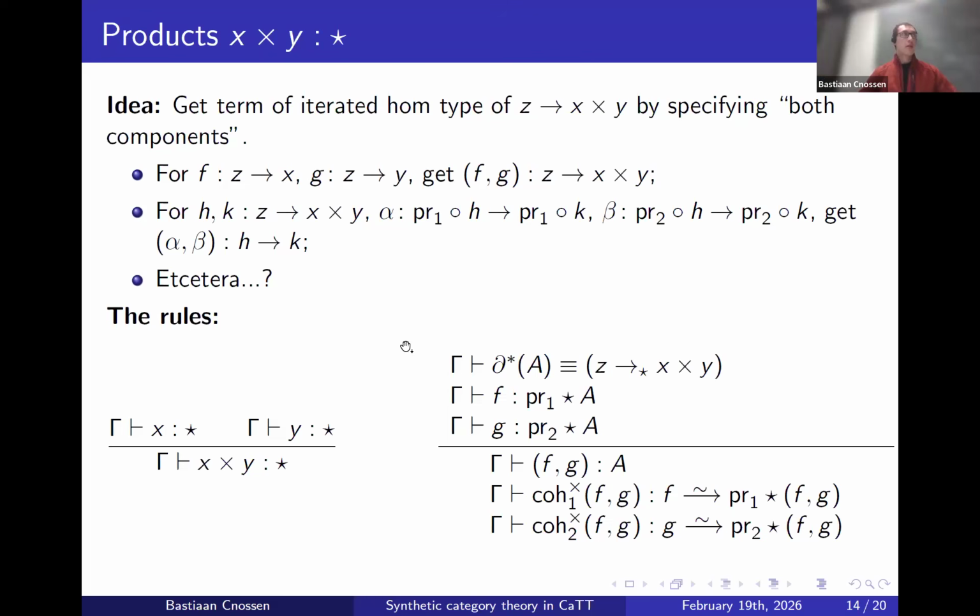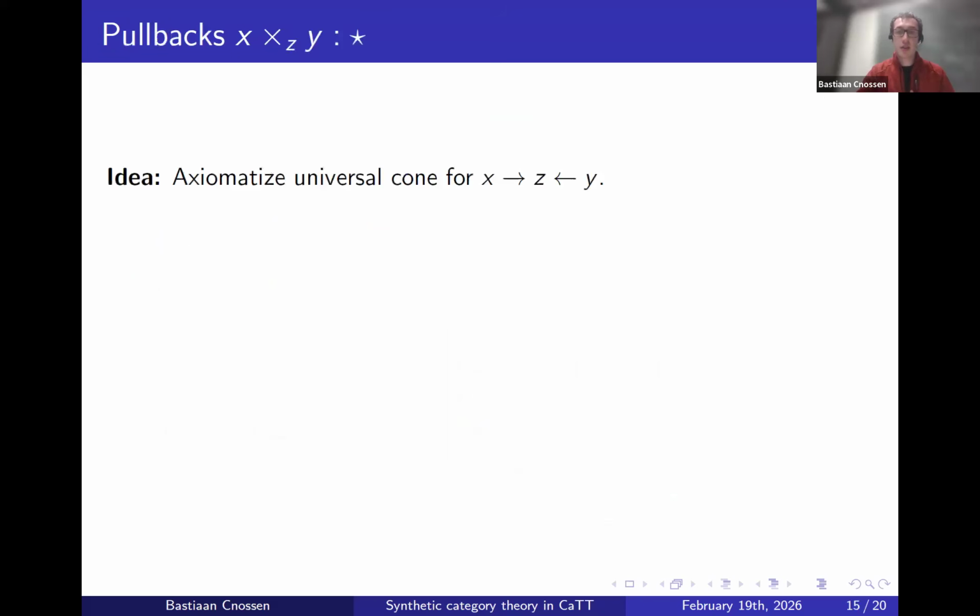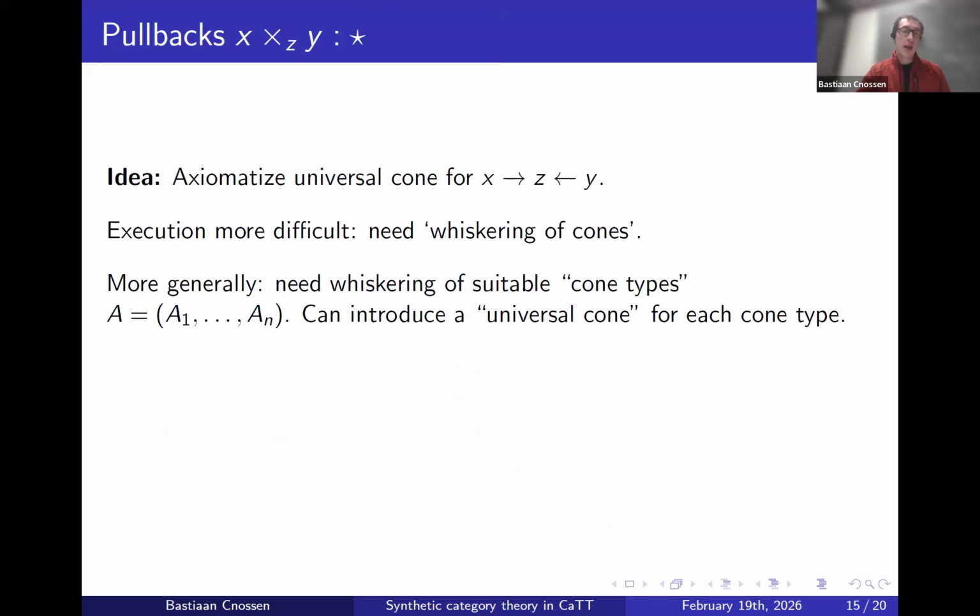So I think the way we are thinking about it is to do something similar, but instead of adding it as an additional rule to the type theory, we're going to formulate this in a meta-theoretic sense. Maybe you wouldn't consider this a satisfying solution, but we would bundle all these things into something that you might call these cone types that I mentioned, like it's here on this slide.